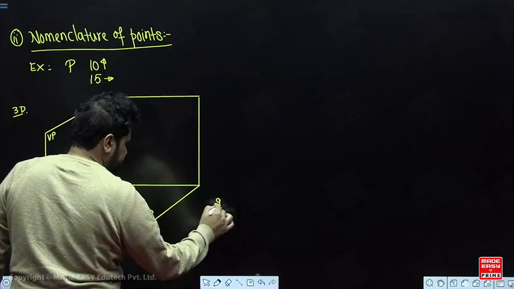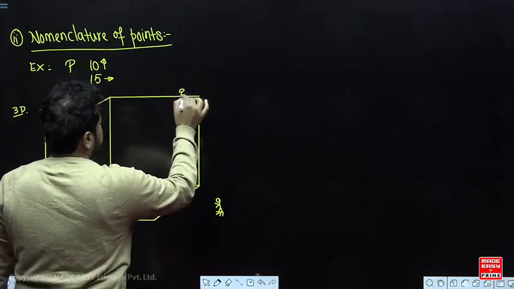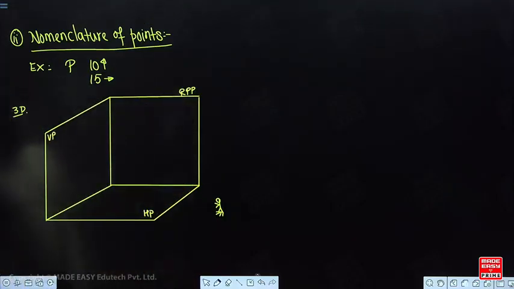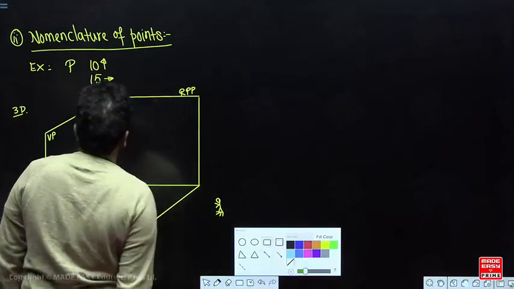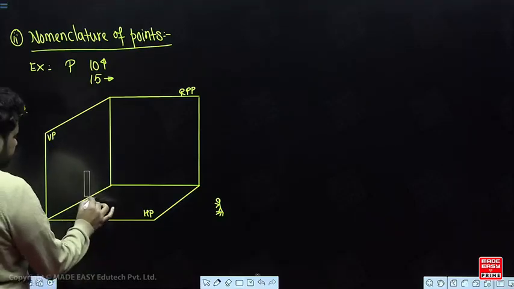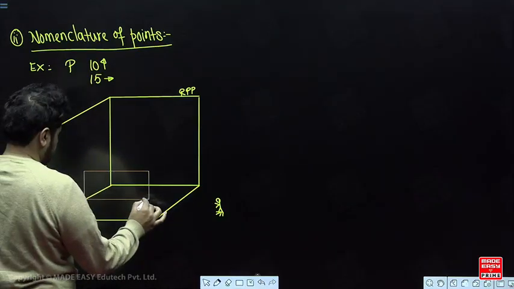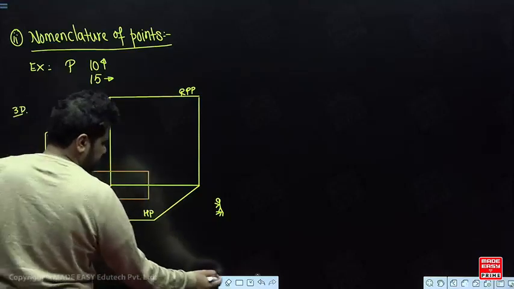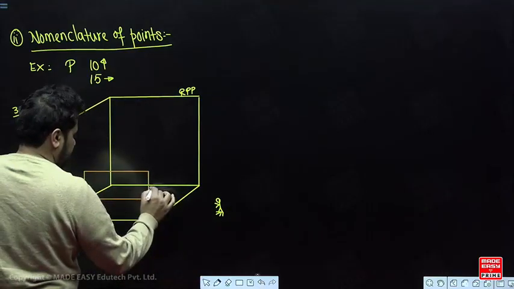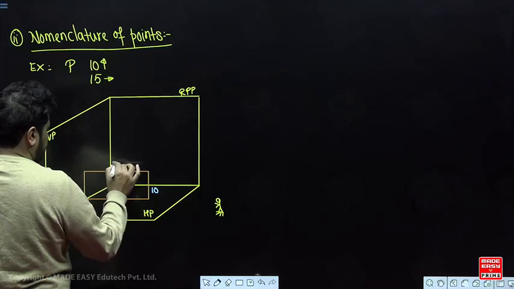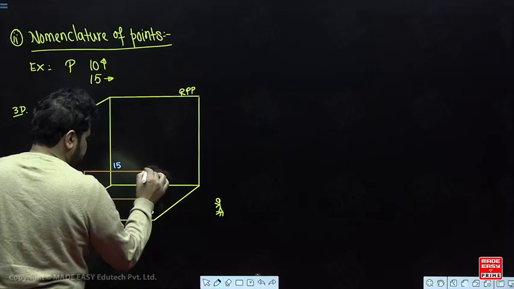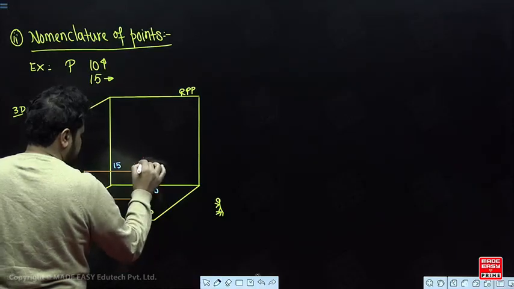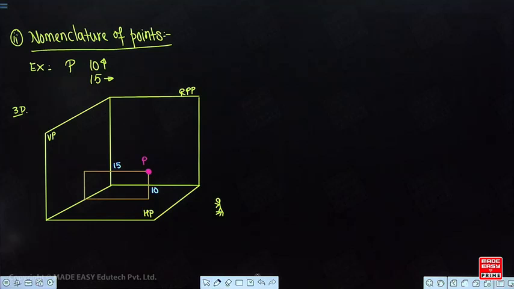Observer is here. For this observer, this will be RPP. So I am taking the first quadrant, obviously. What I have to do is, this point is 10 mm above and 15 mm in front. Correct? So this is the point, the object, 10 mm above HP, 15 mm in front of VP. So this is the actual location of the point P. Agree? 10 mm above HP and 15 mm in front of VP.